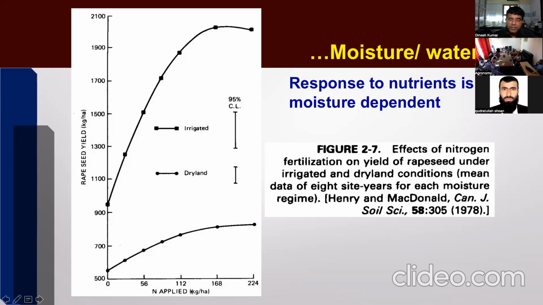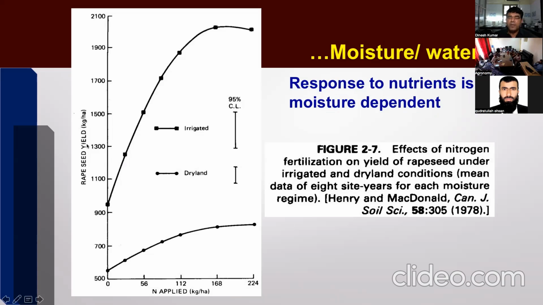The rate of nitrogen application on the x-axis is 56 kg, 112, 168, 224 kg nitrogen per hectare. This is the rate of application of fertilizer. On the y-axis, you can see the rapeseed yield.